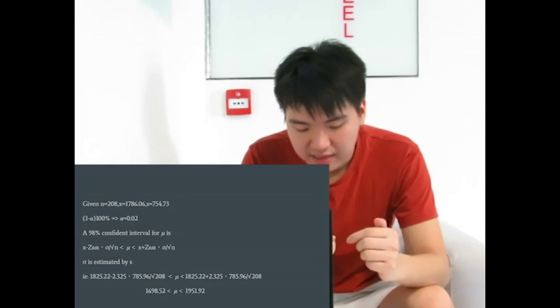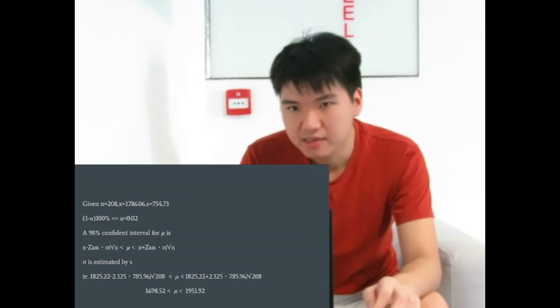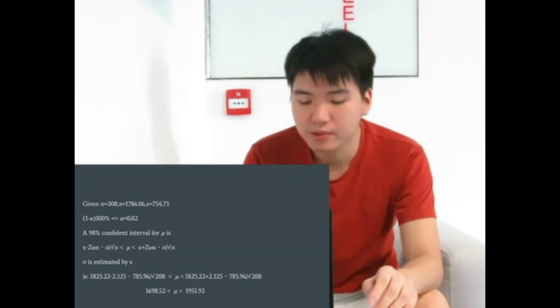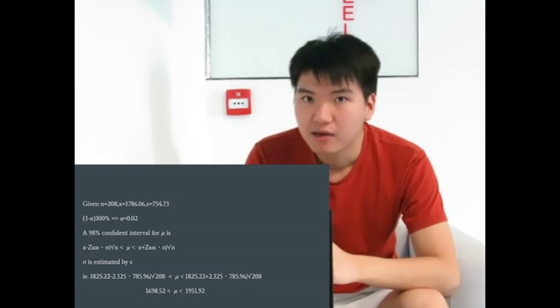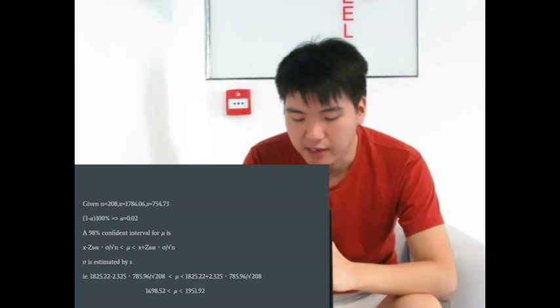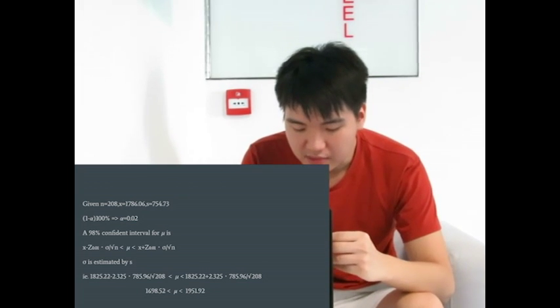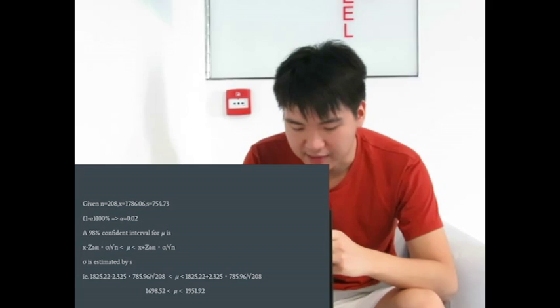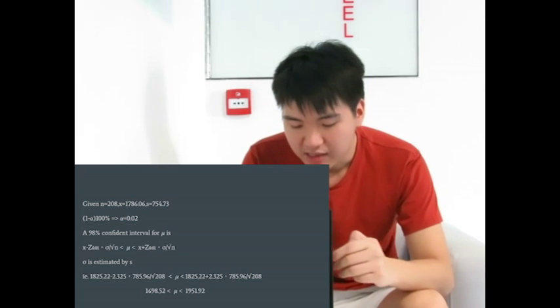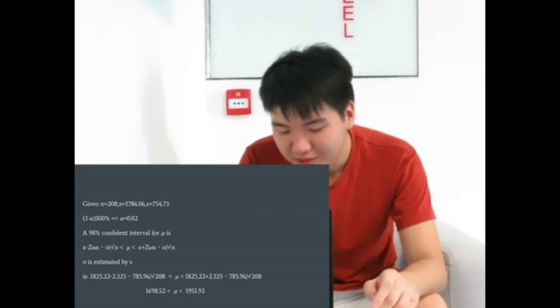So we get alpha is 0.02, and we divide by 2, and we get 0.01, and use the formula there to substitute the mean, standard deviation, and n into the formula, and we can get that the population mean is between 1612.52 and 1951.92.